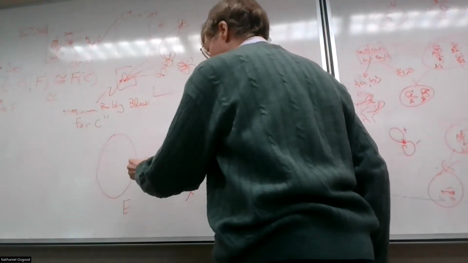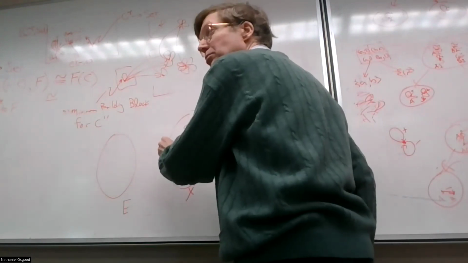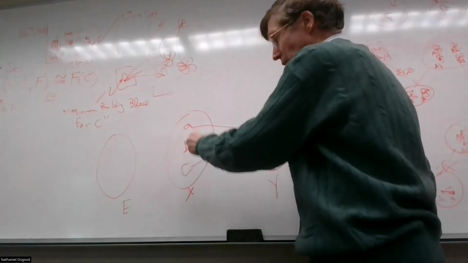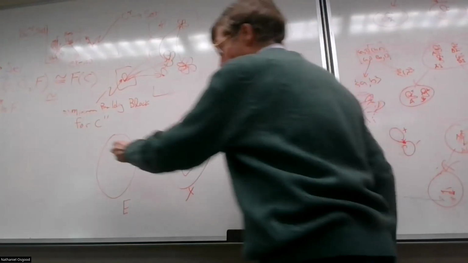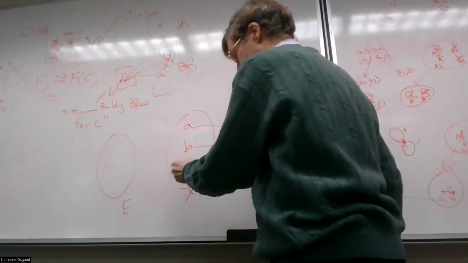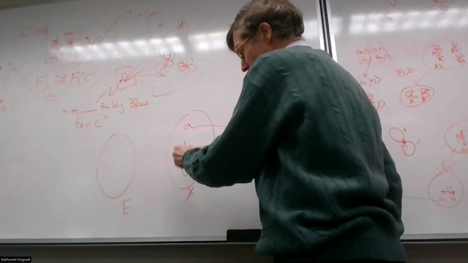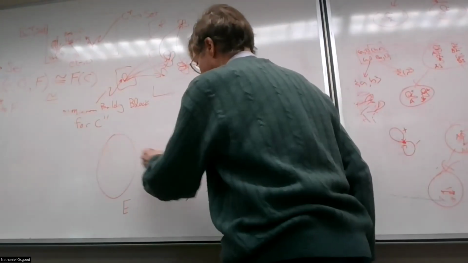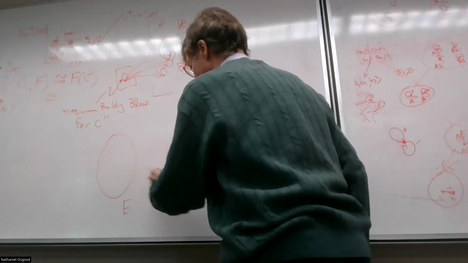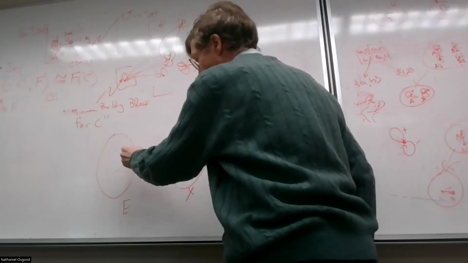E is some subset of these. I hope you'll forgive me if I label the elements of E as just elements of this. And in fact, this is a monomorphism.